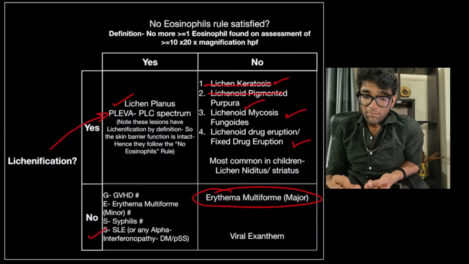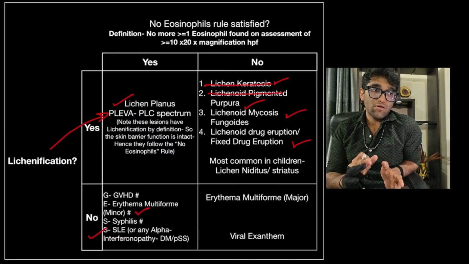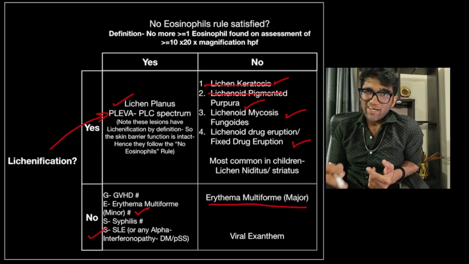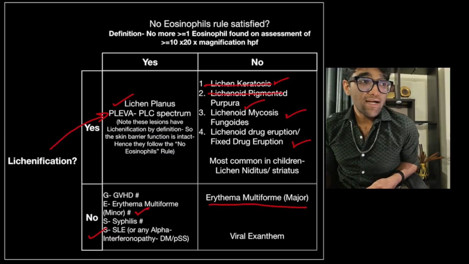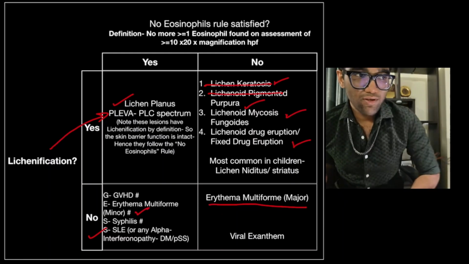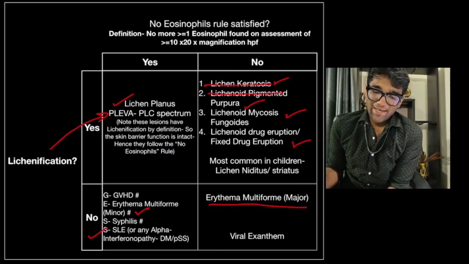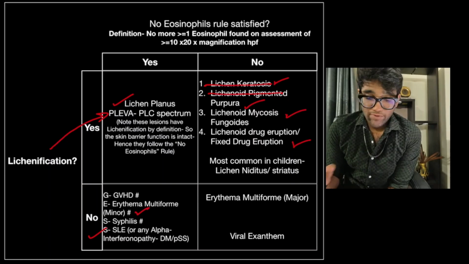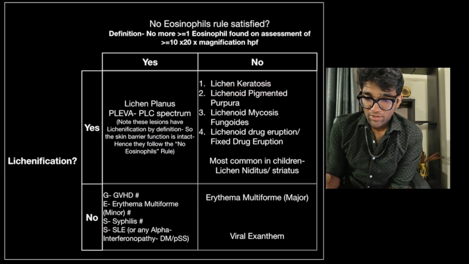Erythema multiforme minor actually follows the no-eosinophils rule, whereas when it is very severe, that is when you have SJS, at that point it starts breaking the no-eosinophils rule. We've understood this from the table. Okay, so let's just discuss these disorders in detail.